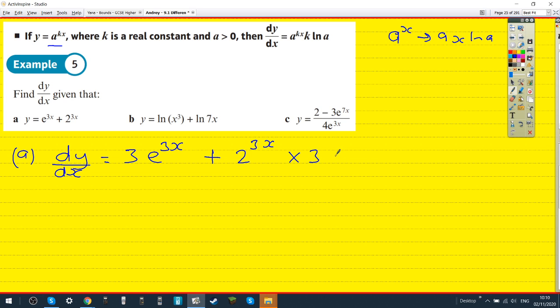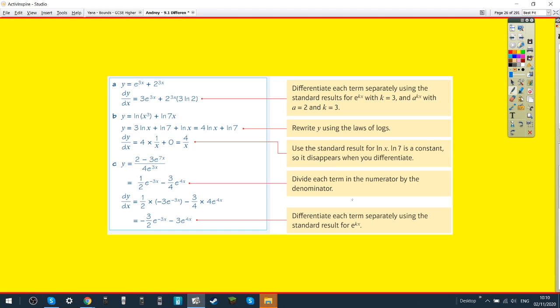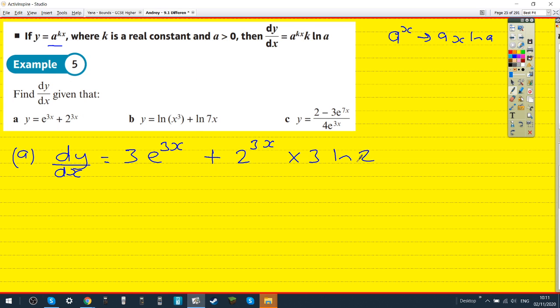And then times by ln a, and a is the big number 2. So does any part of that simplify? Because of BIDMAS, you can't make that any simpler. Let me check that one. 2 to the 3x times 3 ln 2.